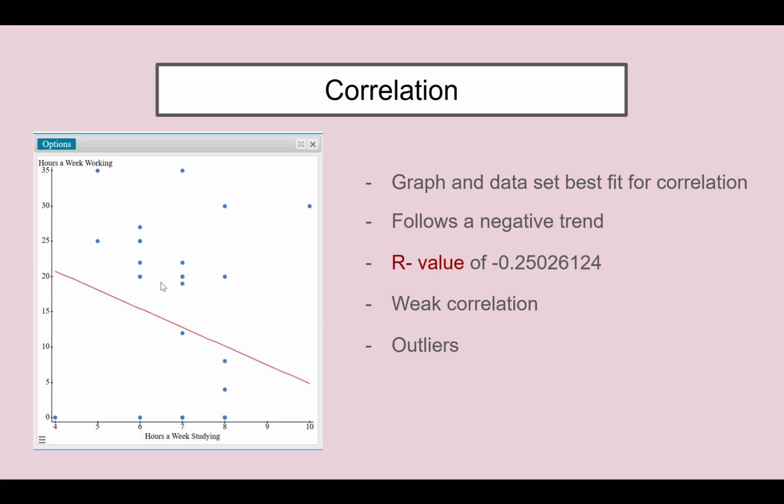Even without knowing the R value, we can see that the dots themselves don't come close together by that linear line, so it's a weak correlation by that too. We do have some outliers, as you can see, which did affect the data.